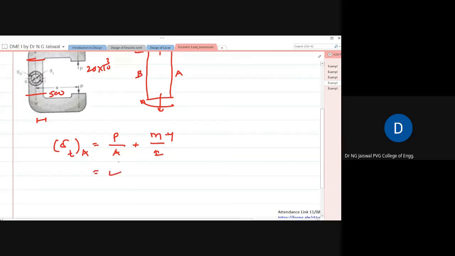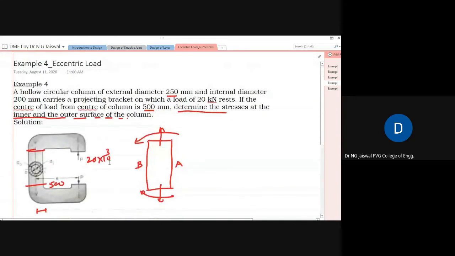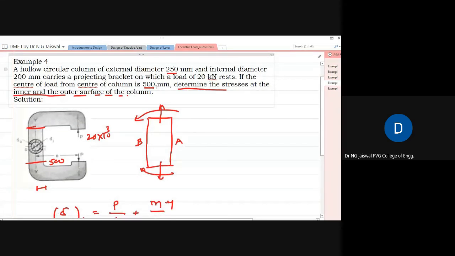This is the inner fiber. Inner fiber means what? You have to get this clarified: what is the inner surface and outer surface? Now again, there may be confusion.